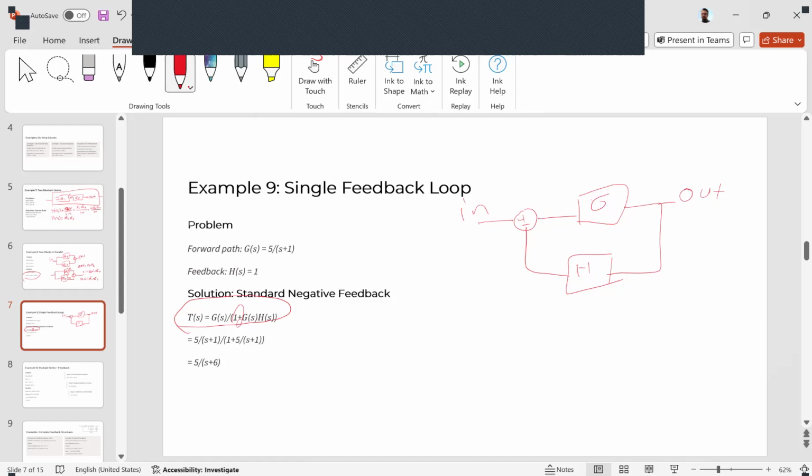Now, what is X1, which is the input of G?